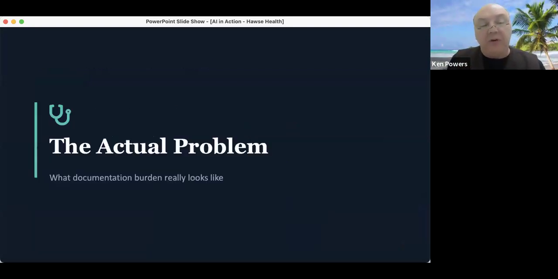It's also important to define the actual problem, and before talking about AI, we really need to focus on that. The problem is not just that notes take too long. The real issue is the burden documentation carries with it, while trying to attend to your patient, your client, and have a clinical presence, along with all the compliance issues.